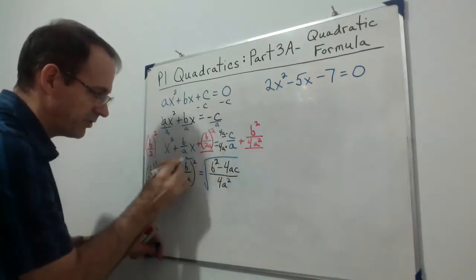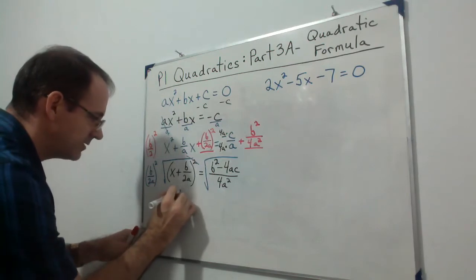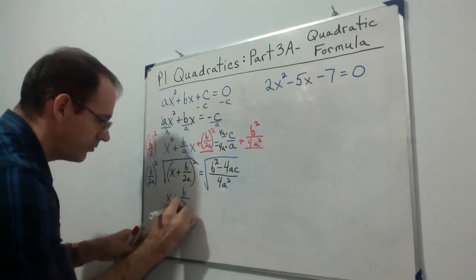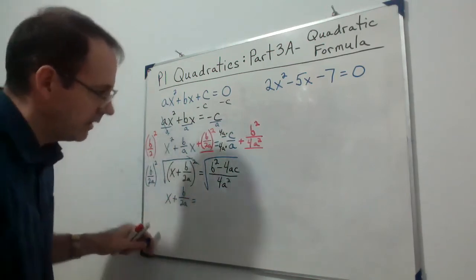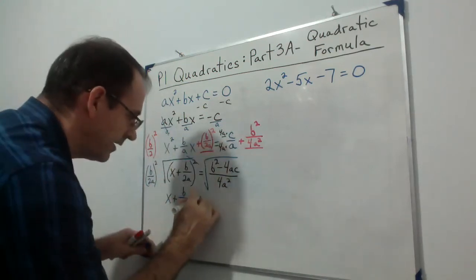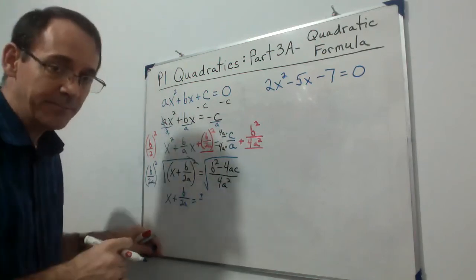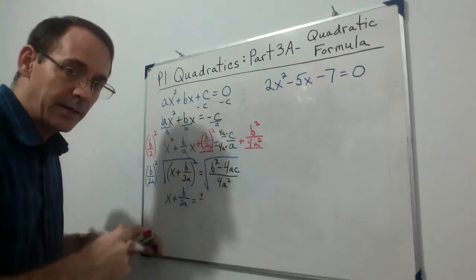When you square root a square, it cancels out. So that leaves us with x plus b over 2a equals, well, the top part doesn't come out. So we leave that as, don't forget plus or minus, because we're square rooting. We have to allow for both possibilities.